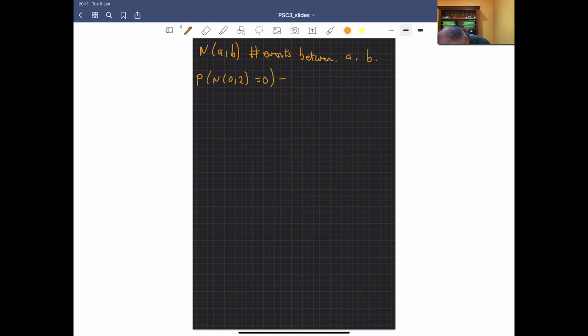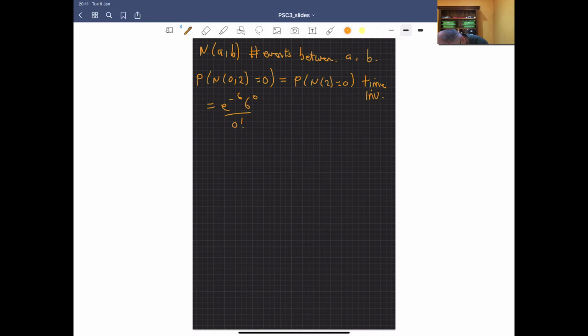As I said, because of time invariance, this is the same as the probability N2 equals 0. I don't care that I start at time 0, I just care that it's 2 minutes. So this is time invariance. Well, that is going to be e to the minus 6, 6 to the 0 over 0 factorial.